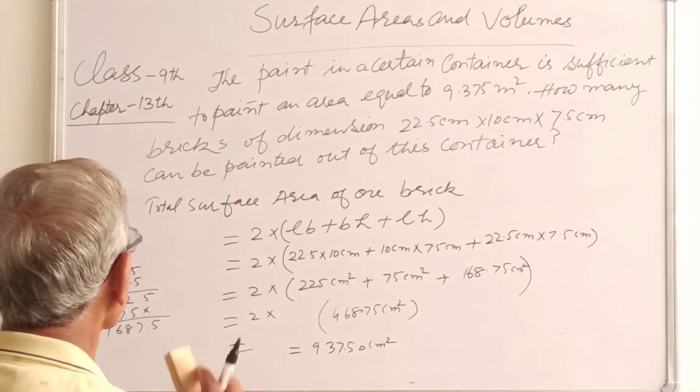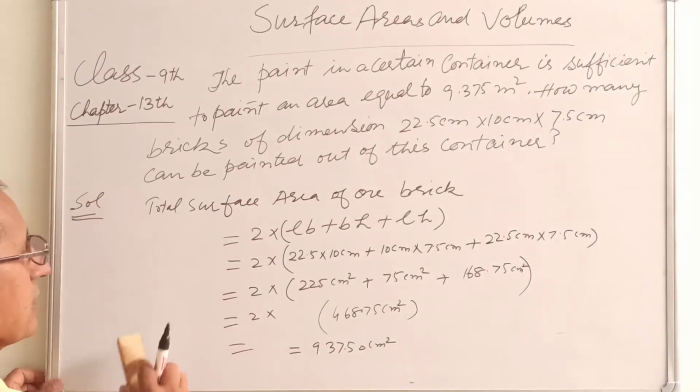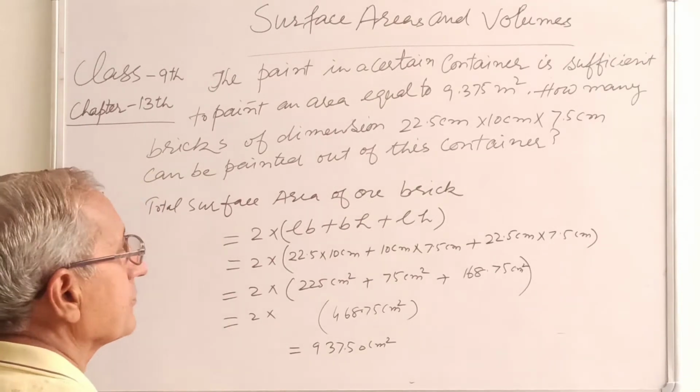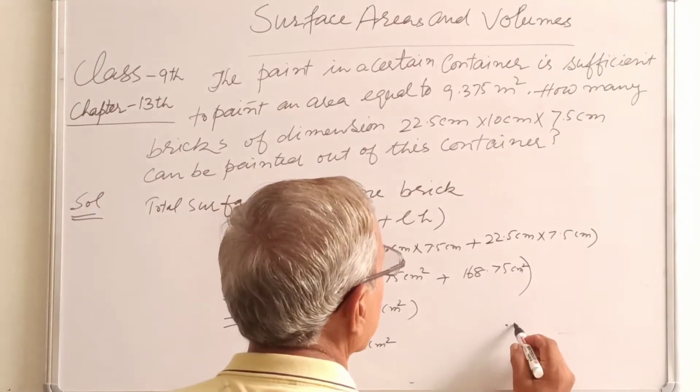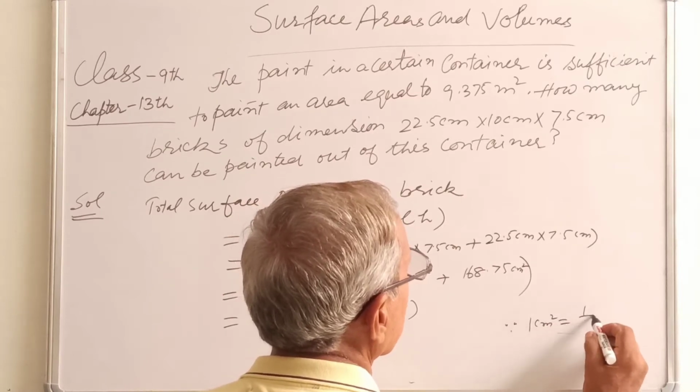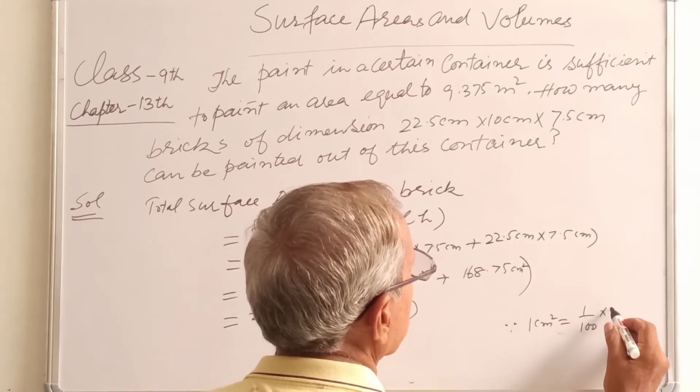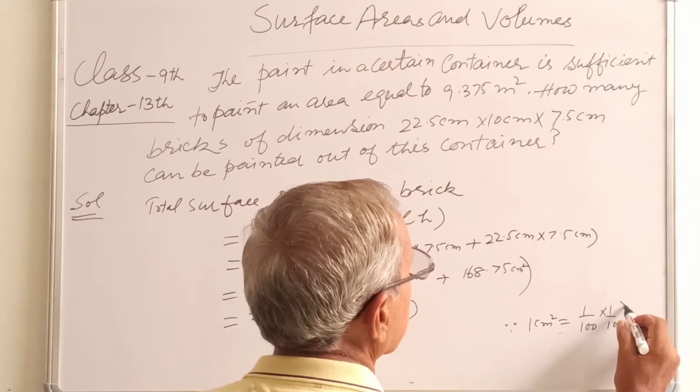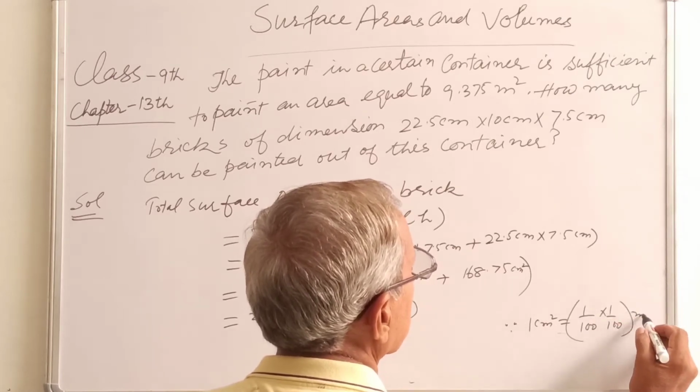So convert this into meter square. We know that 1 centimeter square is equal to 1 upon 100 multiplied by 1 upon 100 meter square.